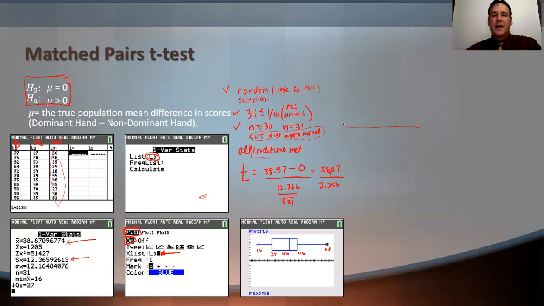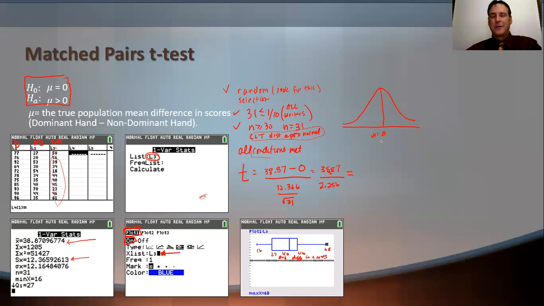Well, if your average difference, I usually like to label these, by the way, average difference in scores. Sorry, when I say label, I mean label my graph below. This is 0. Your standard deviation, if you were to look at this, is 2.256.